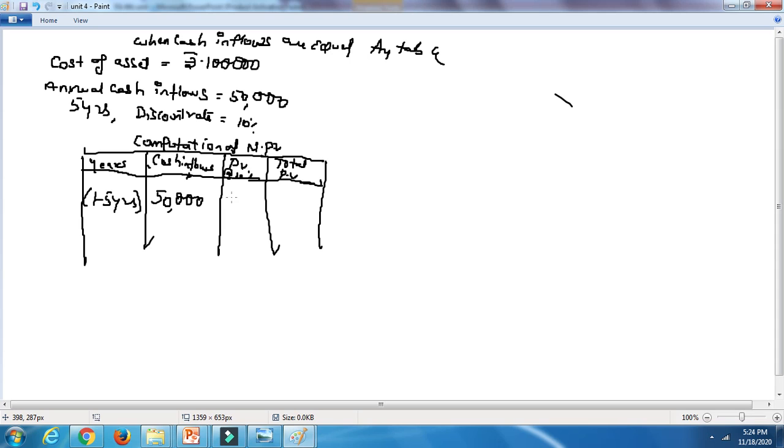Check the table values that I have given. You need to multiply the second column by the third column. So 50,000 into 3.791 gives 1,89,550 rupees.